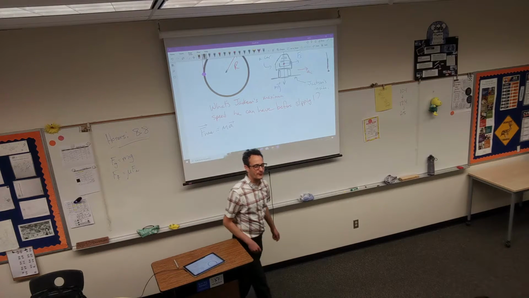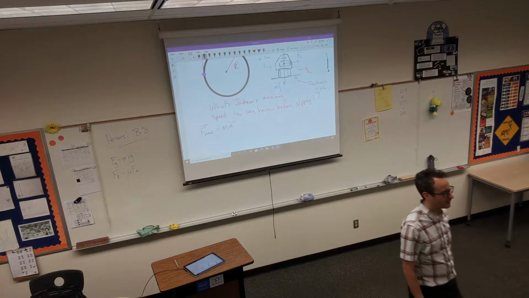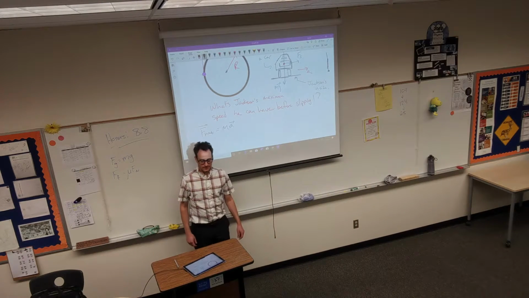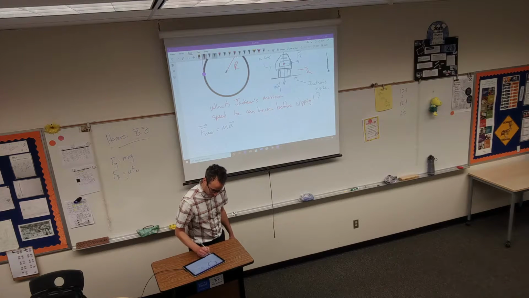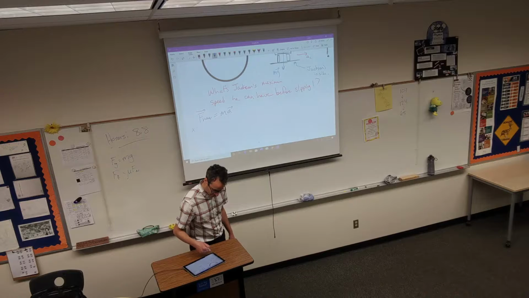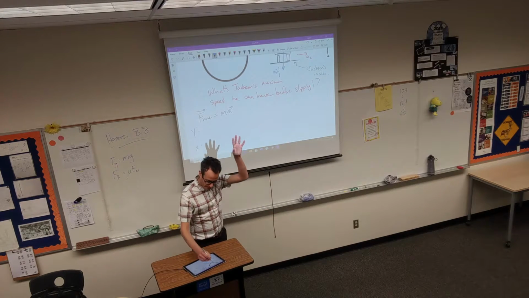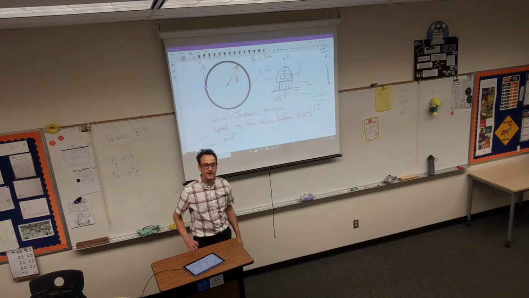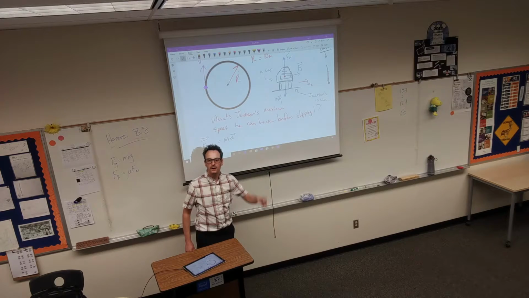Gee whiz, we just drew a free body diagram. What's always next? Second law, right? And I can do this in the y direction and in the x direction. What is F net in the y direction?